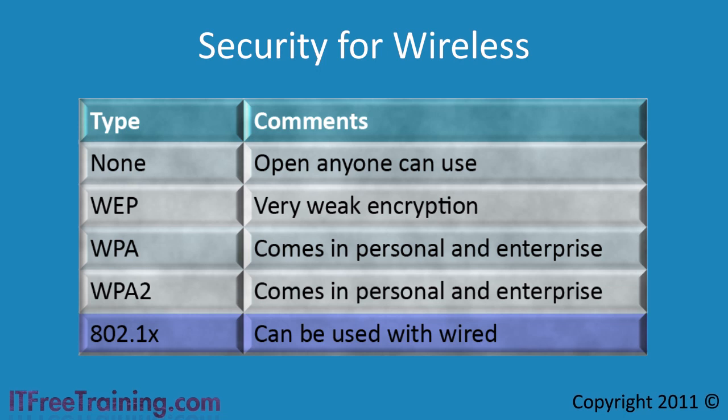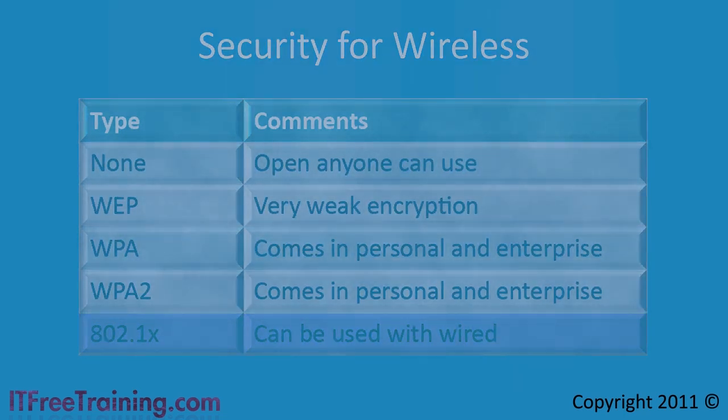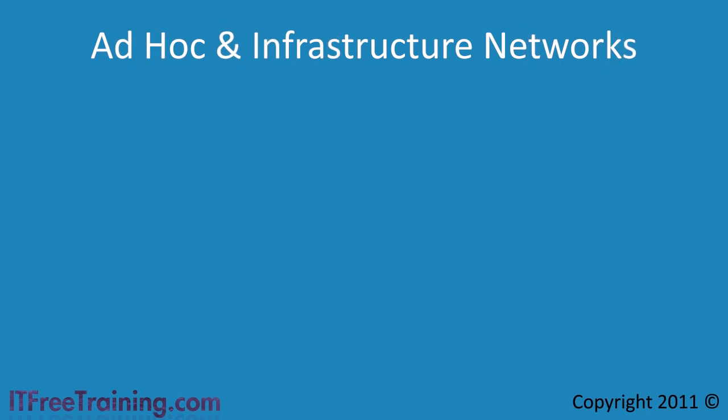Before I look at how to configure wireless on Windows 7, I lastly want to talk about ad hoc and infrastructure networks. Once you start using wireless on Windows 7, you can connect up to an existing network or create your own. If no network is available, you can create your own network called an ad hoc network.